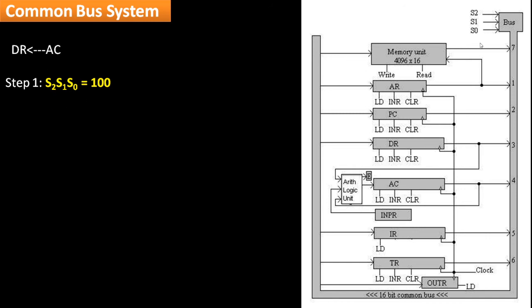The accumulator, which is AC, has an enable signal combination which is 4. That means we have to provide 100 at the selection variables. Once we do that, it enables the accumulator, so now the accumulator is ready to give out the data.